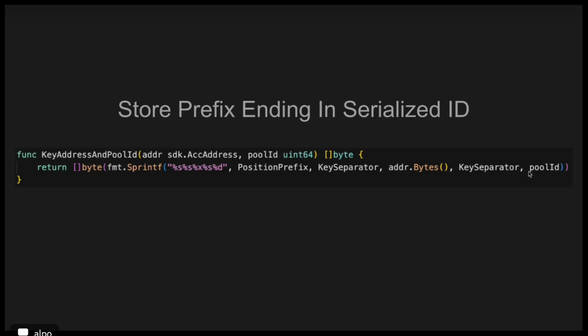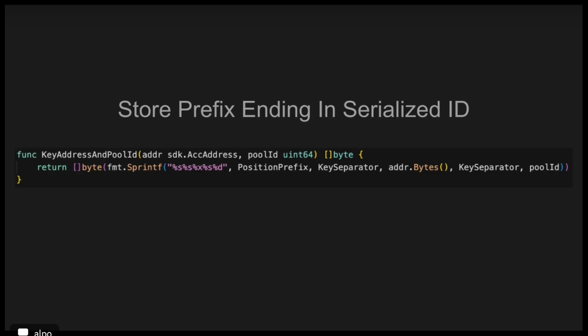Because the pool ID at the end was not cut off with another separator, you could technically bypass this: if you were a valid owner of pool ID 10, you also got access to pool ID 100 and 1000, and basically all the pool IDs that were prefixed with 10.